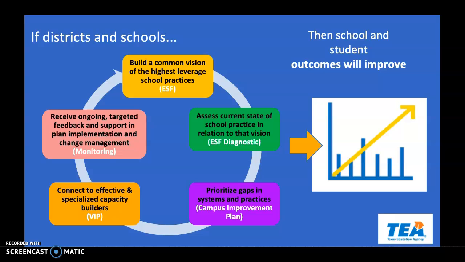If districts and schools build a common vision of the highest leverage school practices, which is the Effective Schools Framework, and assess their current practices in relation to that vision, the diagnostic process, and prioritize the identified gaps using an improvement plan, and connect effective capacity builders to help them in that work, which are our vetted improvement programs, and receive ongoing targeted support during that plan implementation and change management, which is considered school improvement monitoring, then schools and student outcomes will improve.